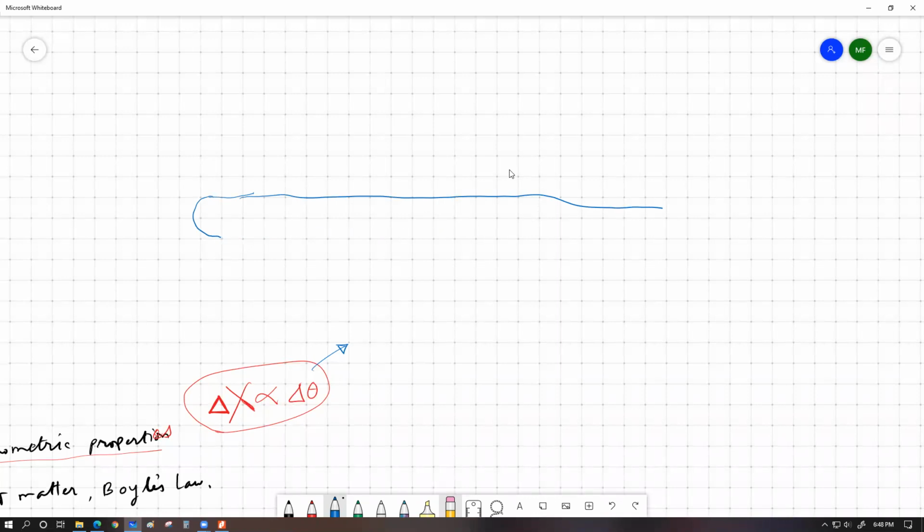I'm so bad at drawing straight lines. Why did I bother? I could have copied and pasted one image from the internet.